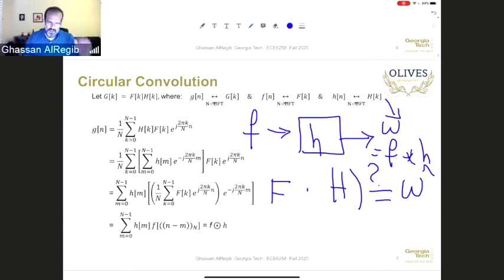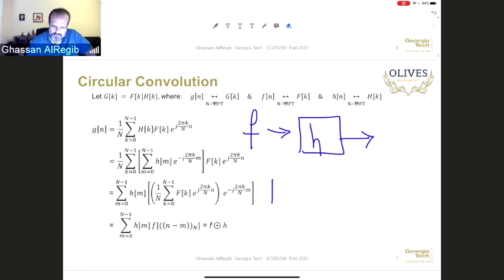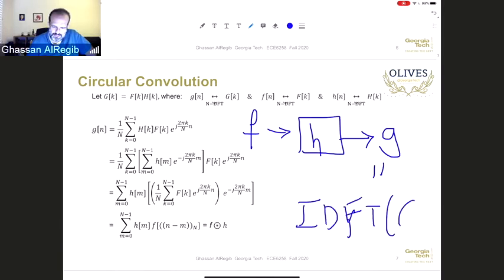So we look at this simple example in the 1D case where the input is f, we have h, and for this slide the output is g. We look at g as the inverse DFT of capital G, which is the DFT of g. That's what this equation is all about.